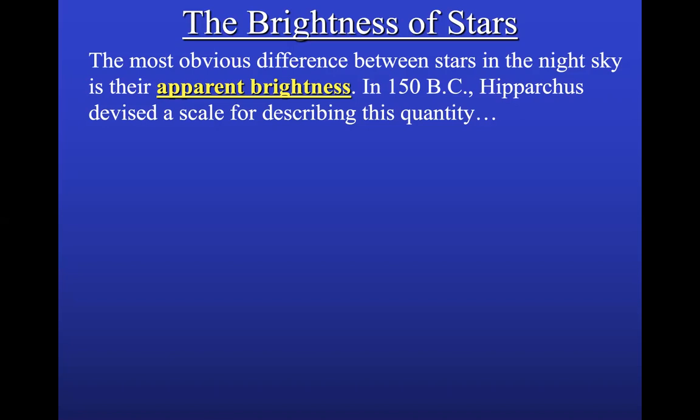Now, the brightness. So there should be a way to measure this brightness, right? One way, in 150 BC, an astronomer called Hipparchus devised a scale for describing this quantity, which we call the apparent brightness of a star. That means how bright a particular star looks when you look with your eyes, right?